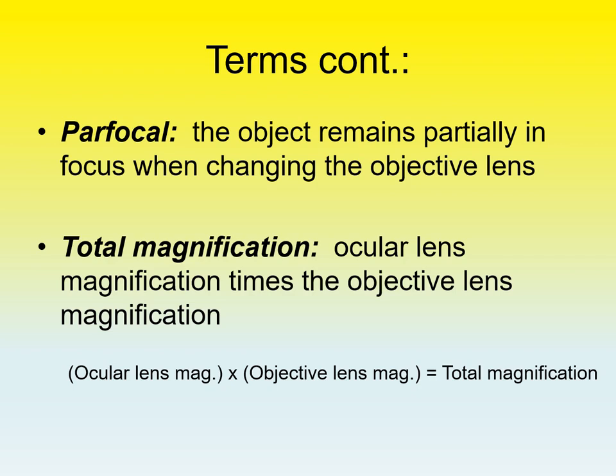The total magnification, often abbreviated as TM, is simply the magnification of the ocular lens, which is the eyepiece, times the objective lens. So you just multiply those two numbers together to get your total magnification.